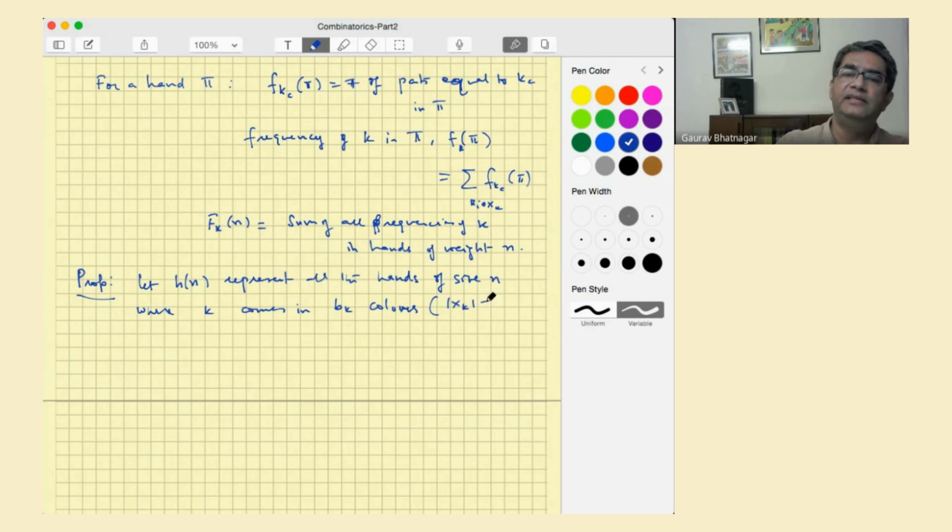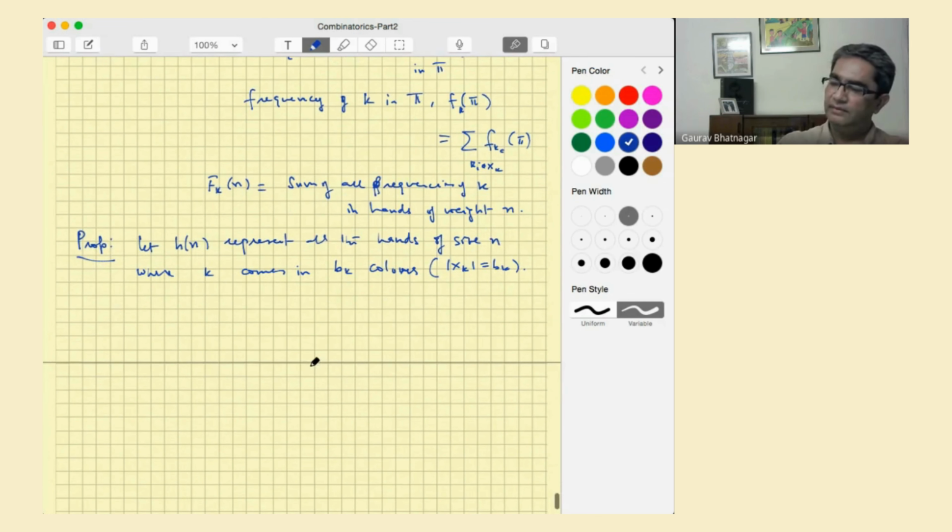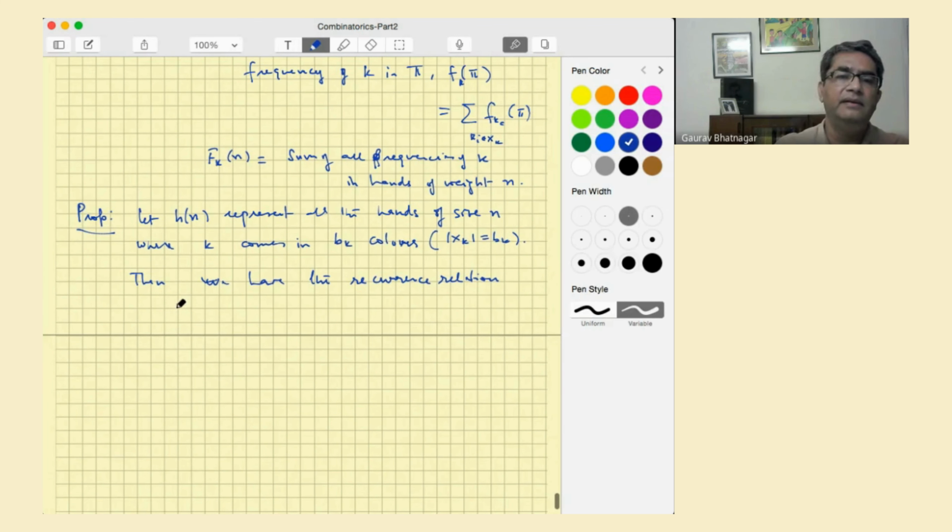So xk is equal to bk. Okay, and then we have the recurrence relation: fkn is equal to fk(n minus k) plus bk times h(n minus k).